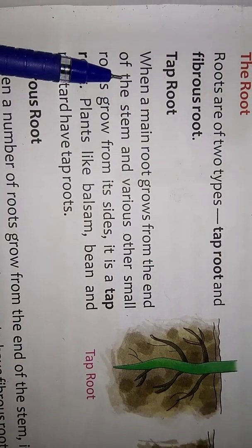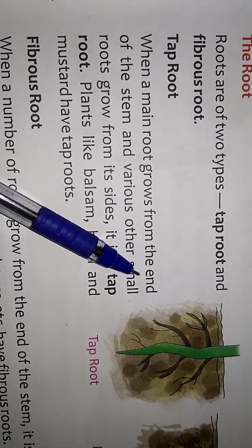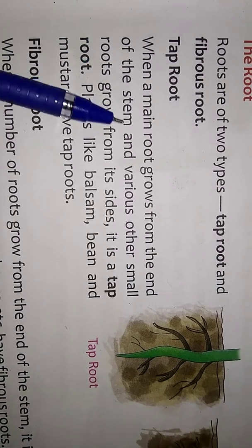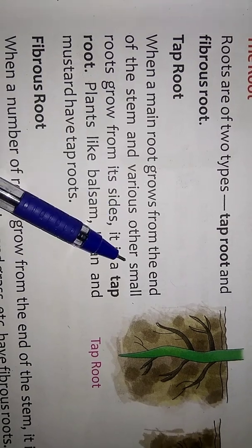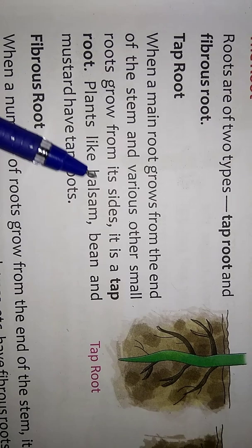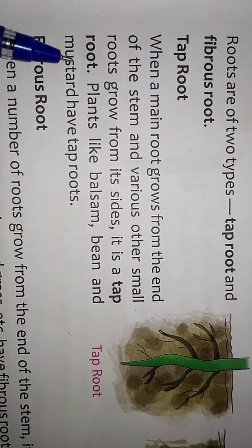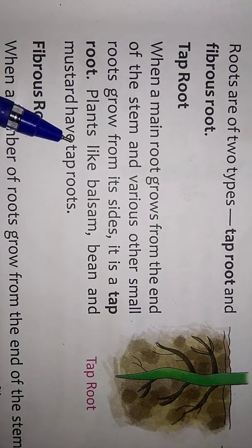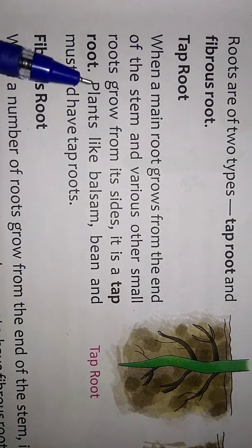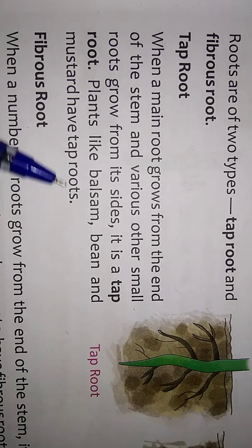Taproot: when a main root grows from the end of the stem and various other small roots grow from its sides, it is a taproot. Plants like balsam, bean and mustard have taproots.